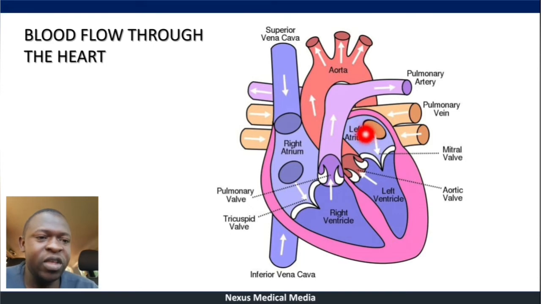So from the left atrium we'll go through the mitral or bicuspid valve into the left ventricle, and then from the left ventricle the blood will be pumped through the aortic valve, aortic arch, and the aorta will give big branches supplying the rest of the body, and then the blood will come back again through the superior and inferior vena cava, right?